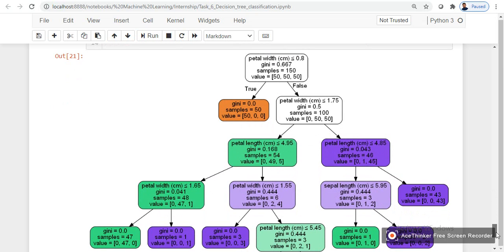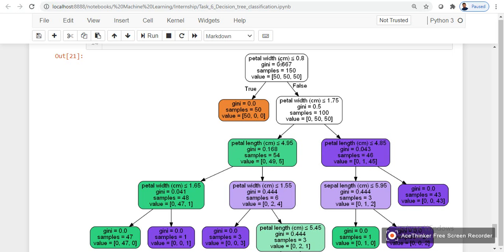So this is the decision tree with which the model actually performed. This decision tree algorithm splits the data based on some conditions. Here it considers characteristics like information gain and decides the root node. Here the petal width has been considered as the root node.